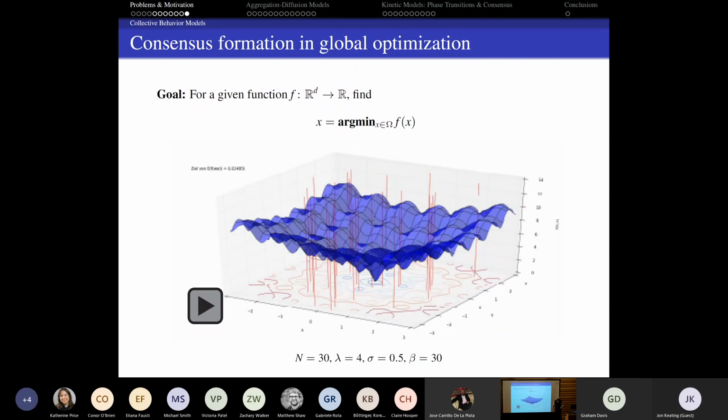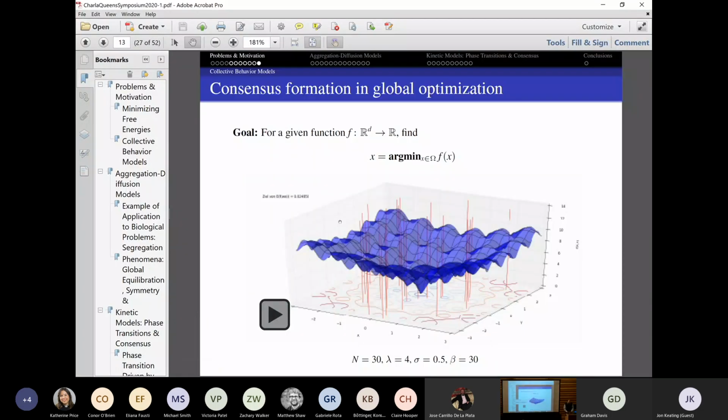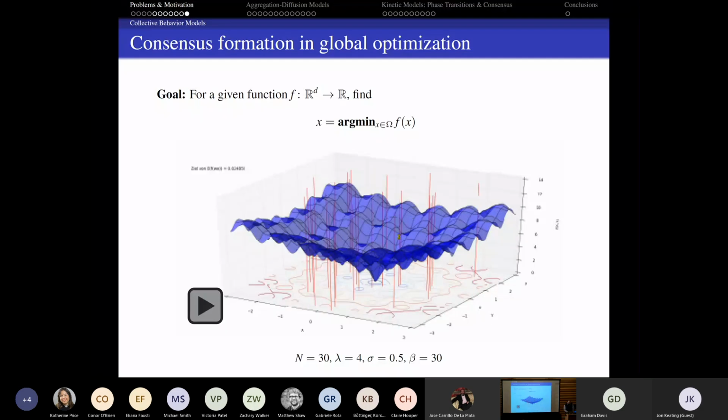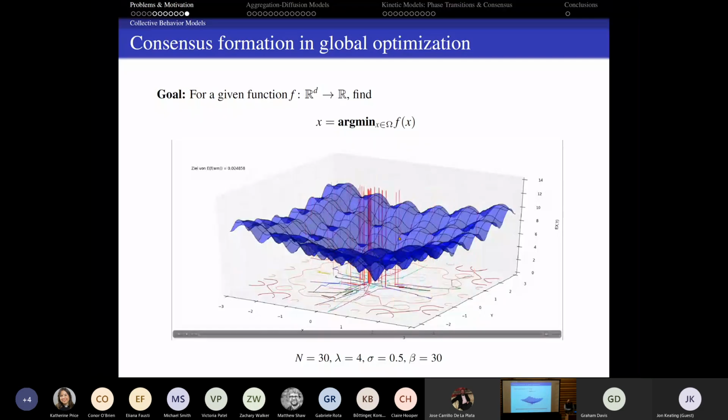And here I'm going to show you one method to minimize a function based on agents, which are kind of explorers that go over the shape of the function here. Let me see if this one wants to work. Yep. So let me see if it works again.